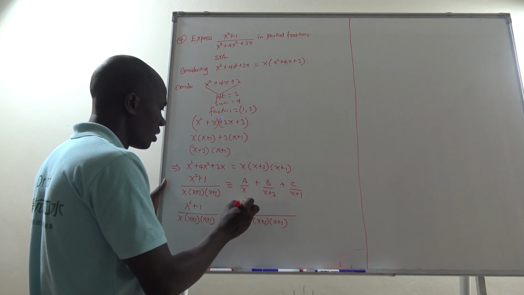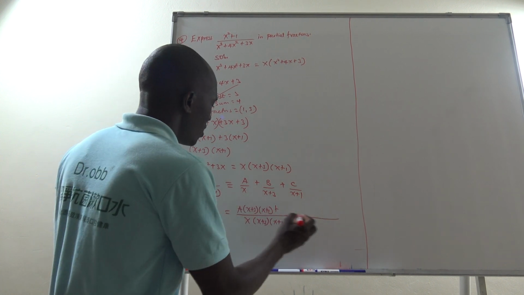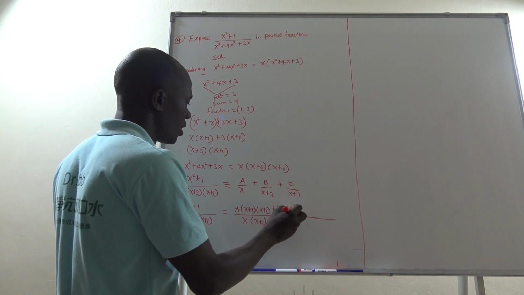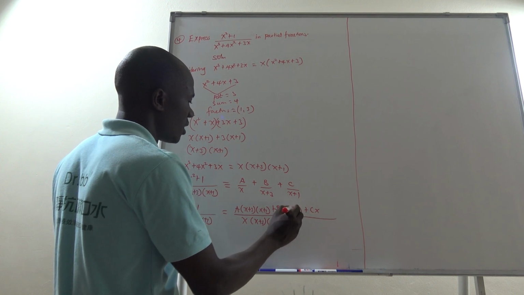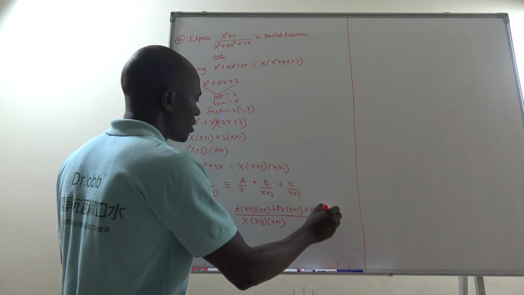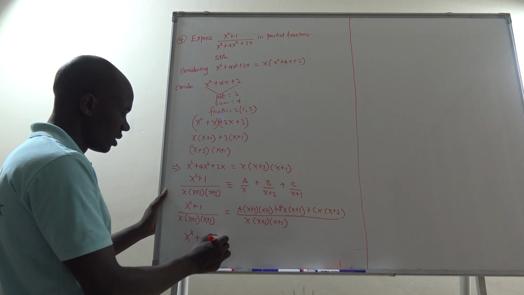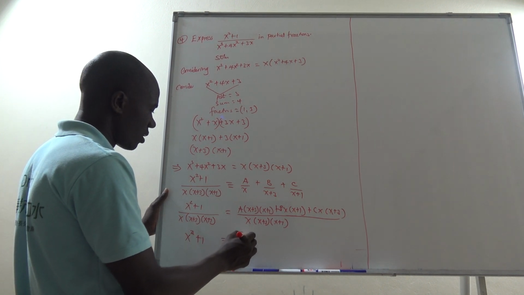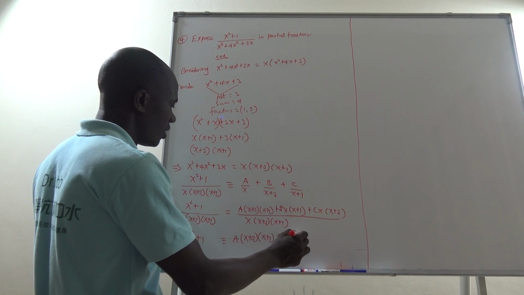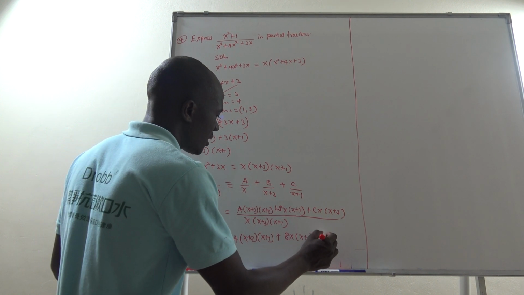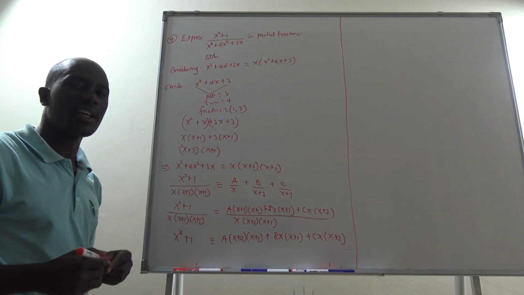So we are going to have A into (x plus 3) into (x plus 1) plus Bx into (x plus 1) plus Cx into (x plus 3). So x squared plus 1 is the same as A(x plus 3)(x plus 1) plus Bx(x plus 1) plus Cx(x plus 3). So we are going to use what we call the covering up method.